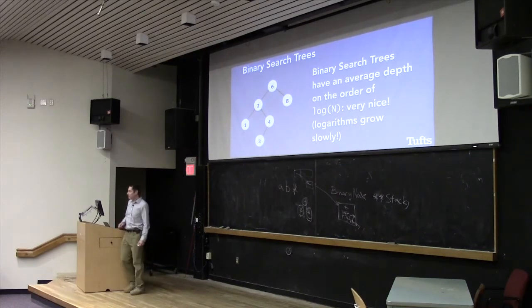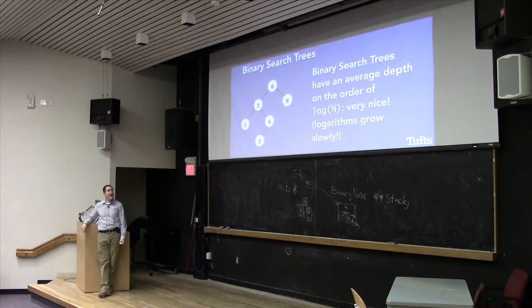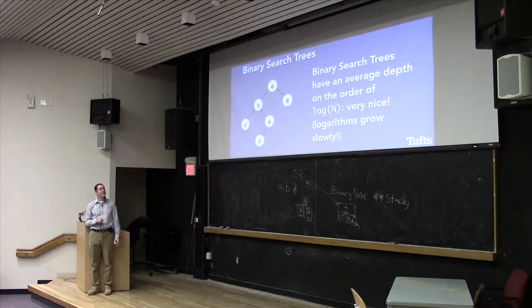The nice thing about binary search trees is they have an even better average depth than a straight up binary tree. As it turns out, in the process of building binary search trees, you build them in general such that the average depth, how far down it is, is on the order of the logarithm of the number of nodes.